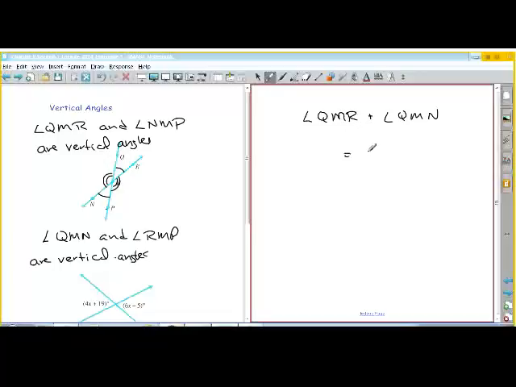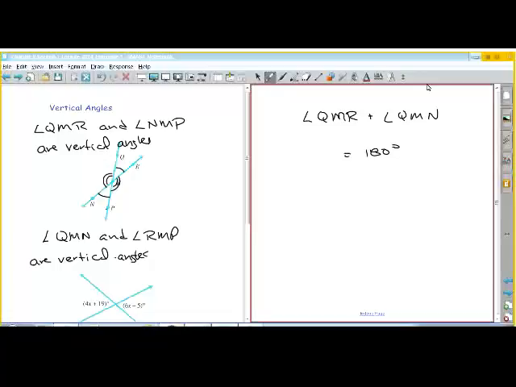The sum of the two. Did I hear somebody say it? So vertical angles are equal to each other. These adjacent angles, this angle and this angle, add up to 180 degrees. Because if I go to here and then I go all the way around there, I'm going halfway around. So I have a straight line, or it's not really a straight line, it's a straight angle. The angle for a straight angle is 180 degrees.